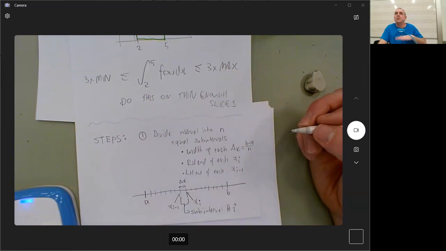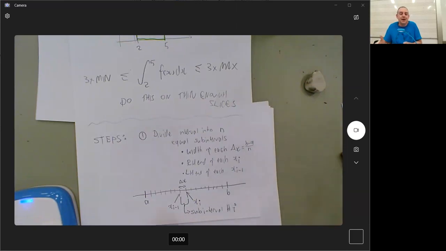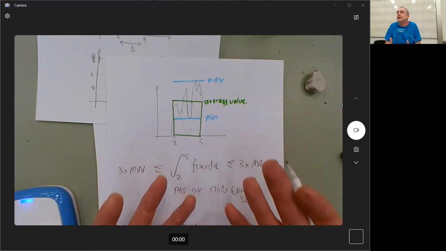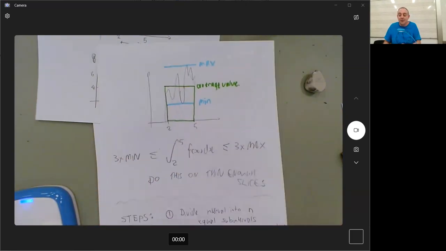Please don't remember it as b minus a over n. It's the total width. With this one, I don't even have to calculate 5 minus 2. I know what that is. It's 3. You're allowed to just put the total width there.